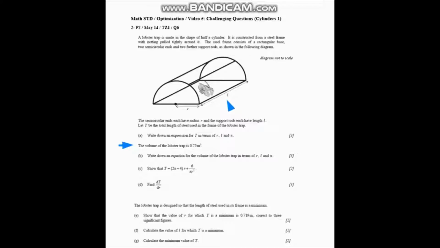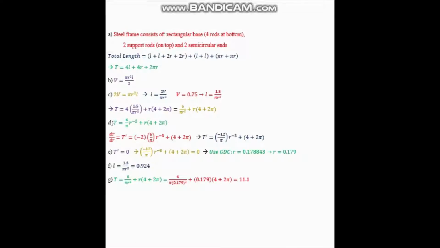In C, I'm required to show that T equals this expression right there. So let's take a look at how to obtain this expression. As we mentioned, the volume is half of a cylinder, so pi r squared L over 2. I want to obtain an expression for T in terms of R only.